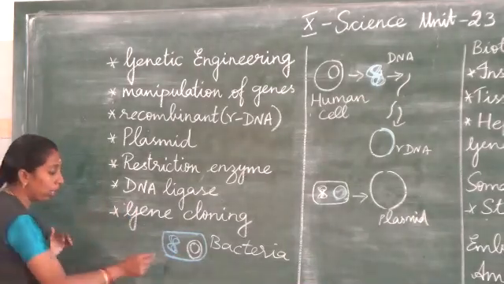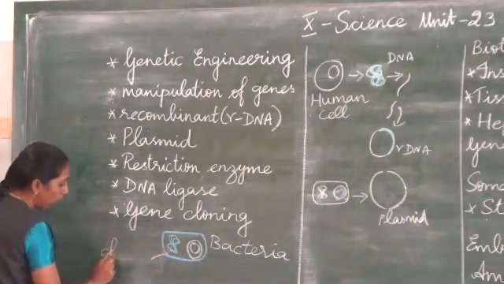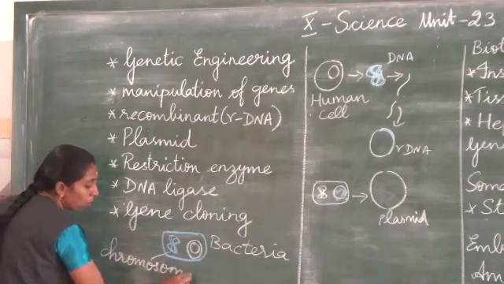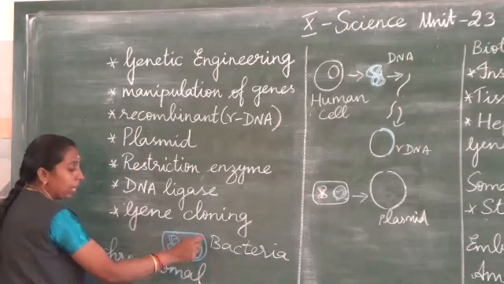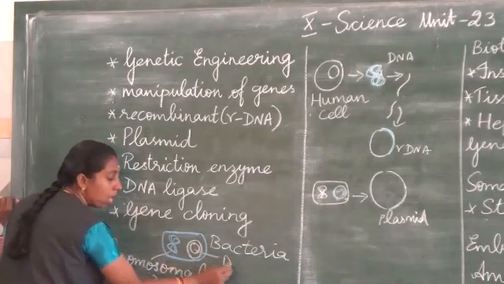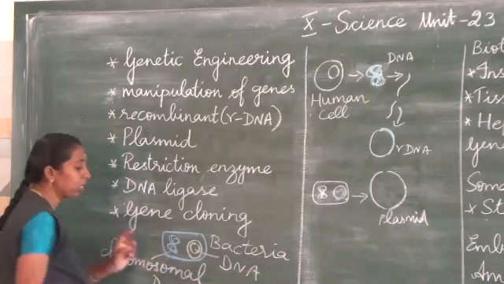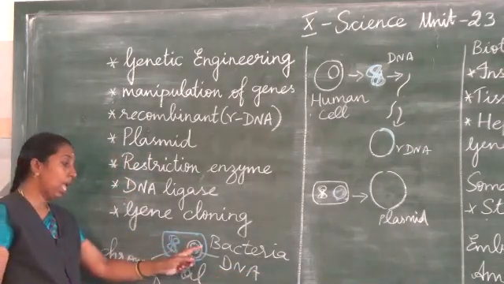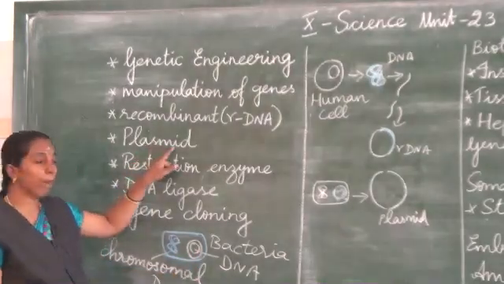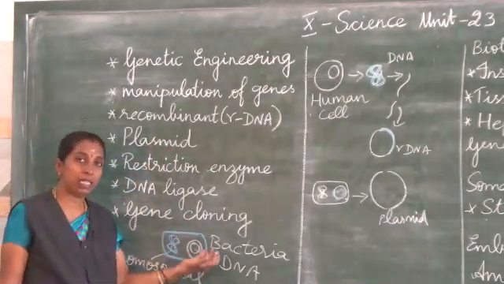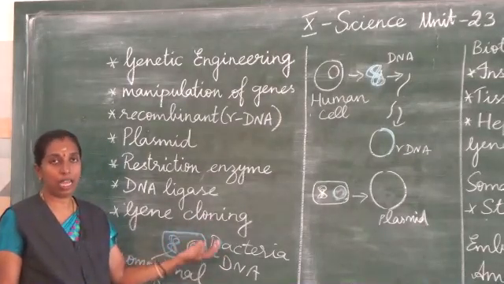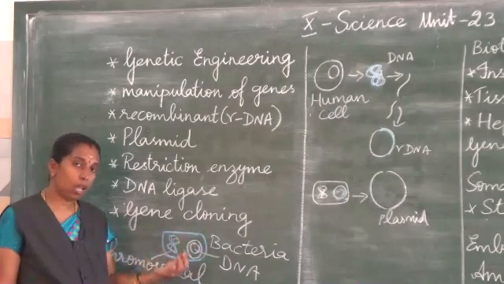The first one is chromosomal DNA, and there is another DNA, which is double circular, and this DNA is called plasmid. This will act as a vehicle, that is, a vector.